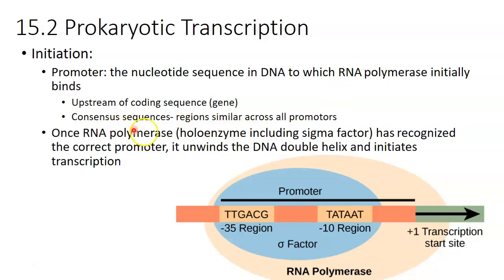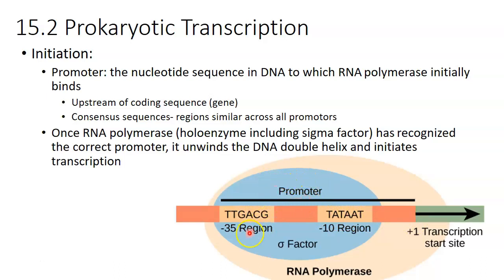Now, there are some consensus sequences that we find that are similar in all promoters. You can look here. This represents the double strand of DNA, what I'm dragging my line across here. The gene is going to be down here in green. Before the gene, upstream of it, we've got this region called the promoter.